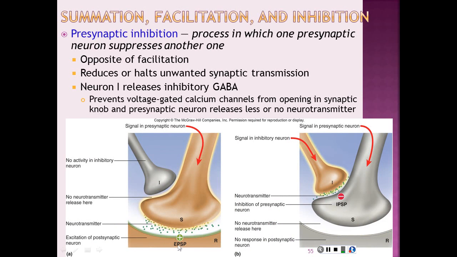So here we have our EPSPs, we have our neurotransmitters, but in here, there's no neurotransmitter being released. So at this point, it's blocking the neuron from releasing any type of neurotransmitters.